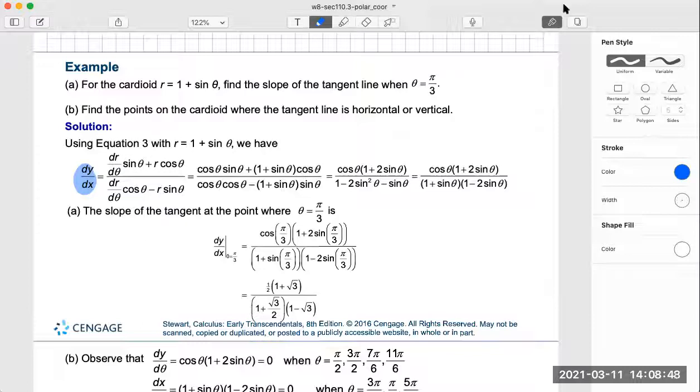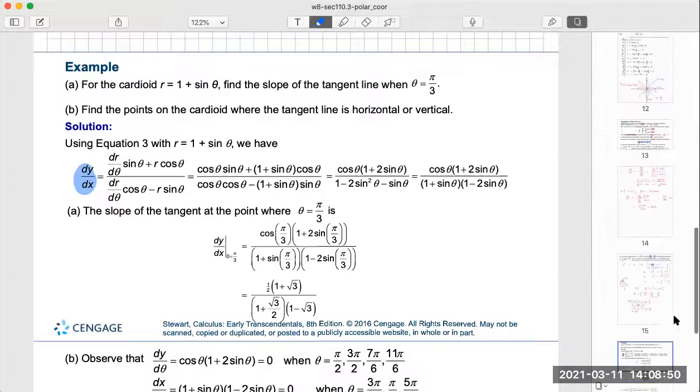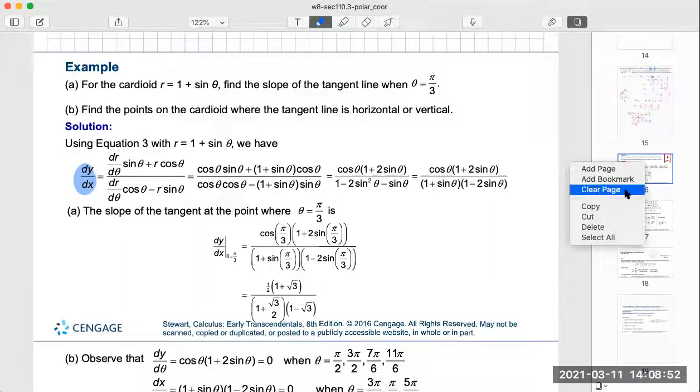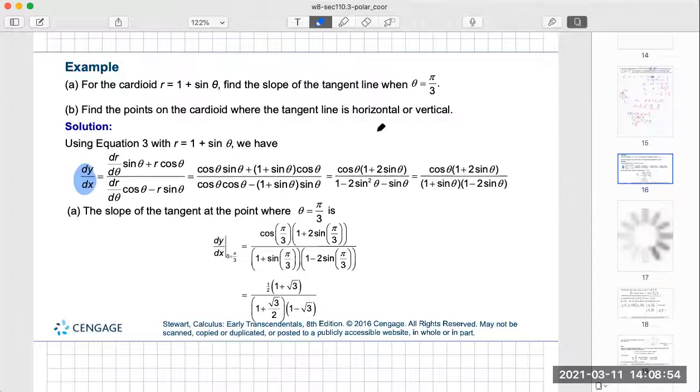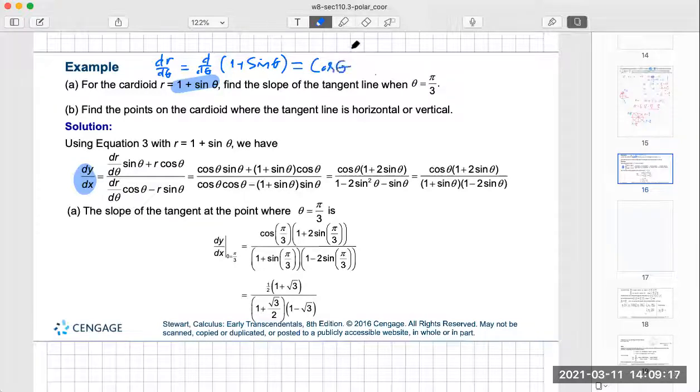So look at this. If r is 1 plus sine theta, what is dr over d theta? Yes, cosine theta only, right?